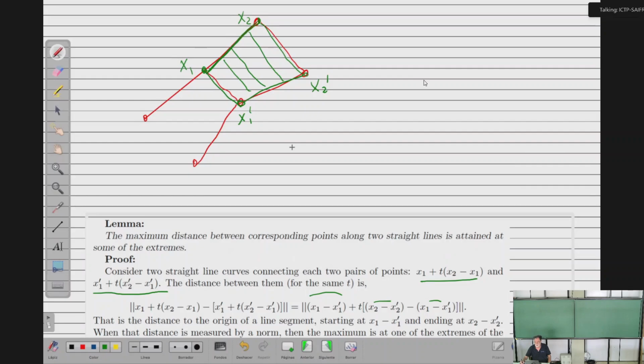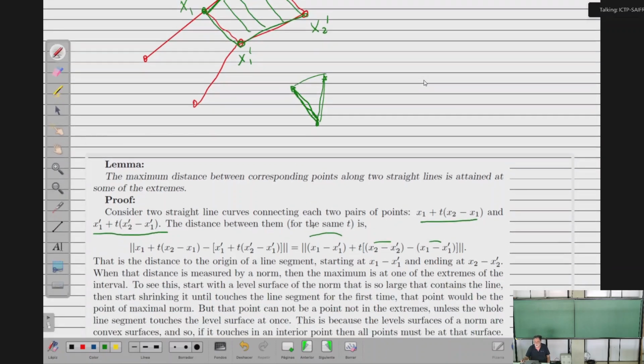So you have, so this is the origin. This difference is this line here. And when you move around t, you go from this one to some other one. You move like this, right? Because you are moving from this point to this point, so you go like that.